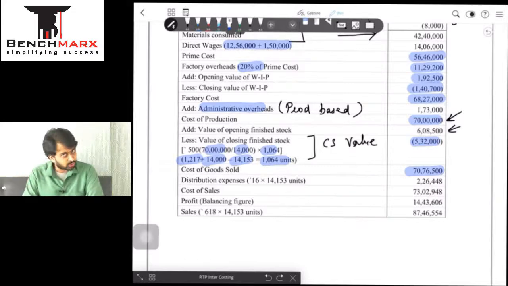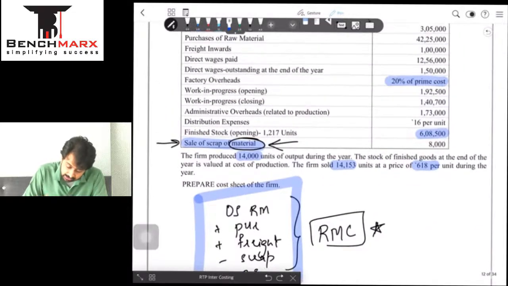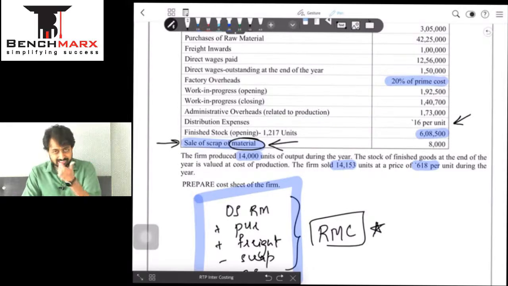Once I get the cost of goods sold, simply add the distribution expenses. Distribution is not given in terms of rupees, it is given in terms of 16 per unit. So obviously if it is 16 per unit, I'll multiply 16 not with the goods produced but with the goods sold, because S&D expenses are always on the goods sold.